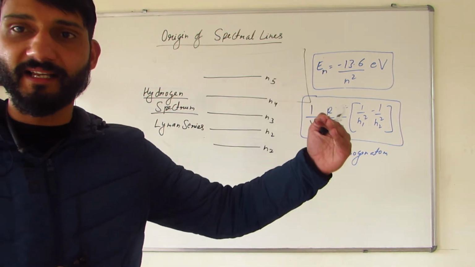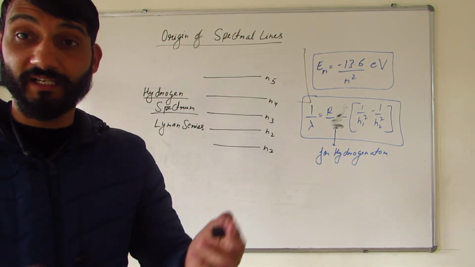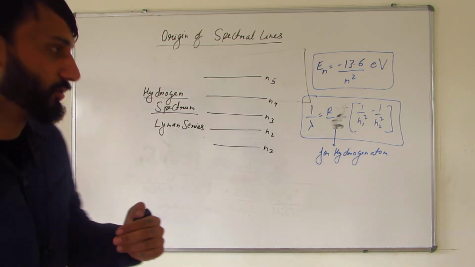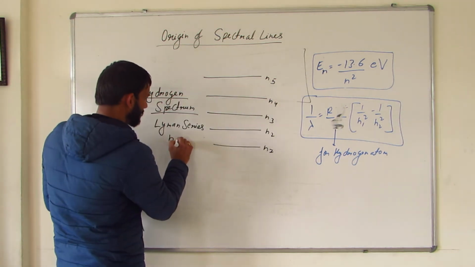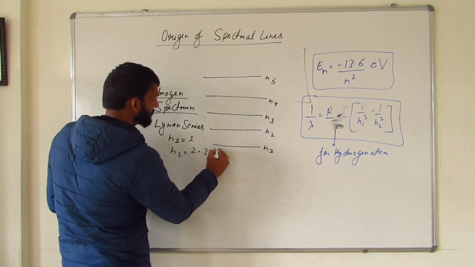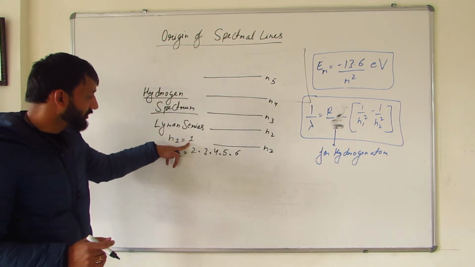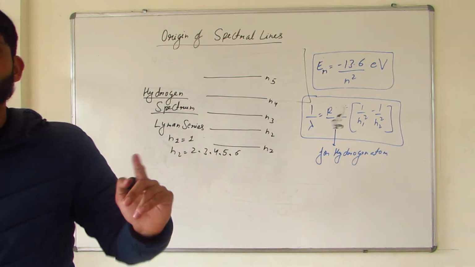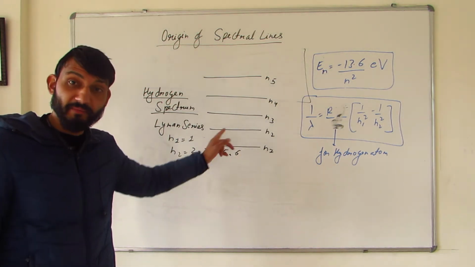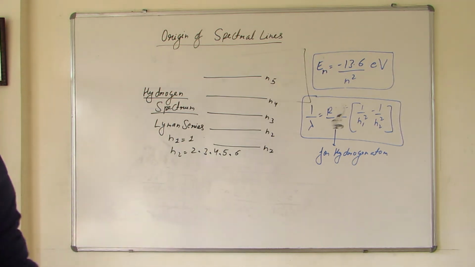And similarly, if it is at the fourth or third or second, it is coming back to the first one. So it happens in both ways, while going up and coming down. So n1 is equals to 1 for the Lyman series and n2 could be 2, 3, 4, 5, 6. If the electron is at the sixth orbit and coming back directly to the first orbit, then it is the Lyman series.